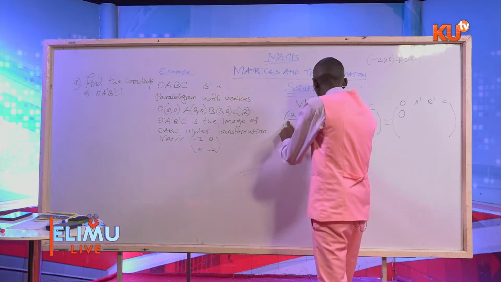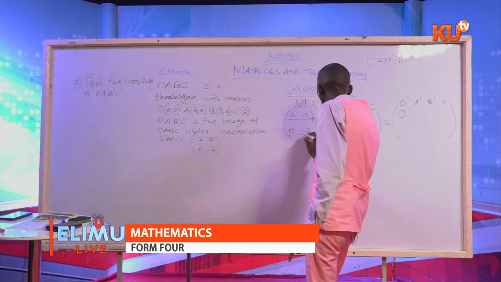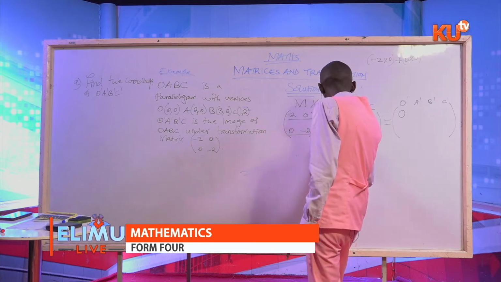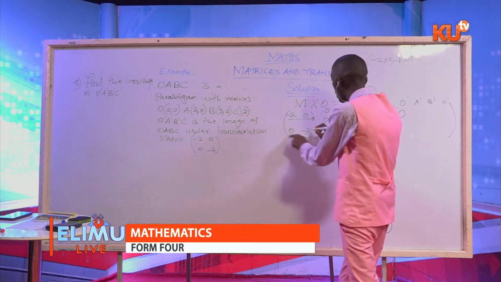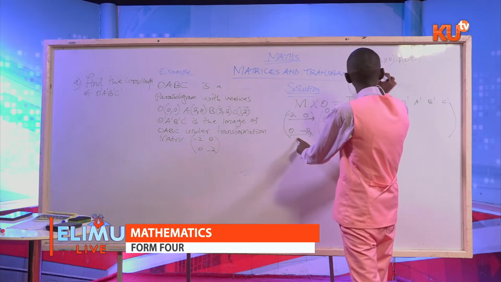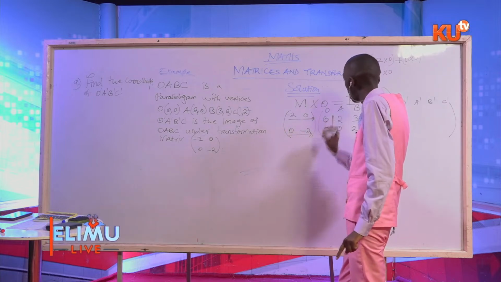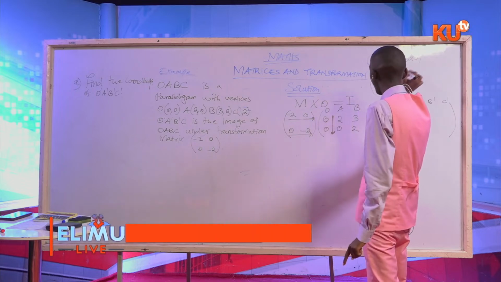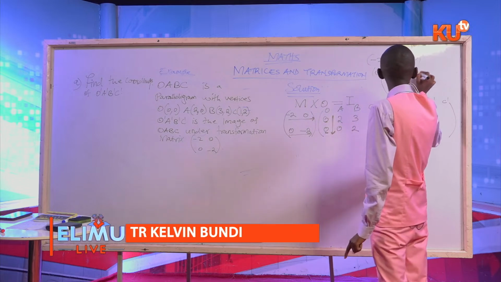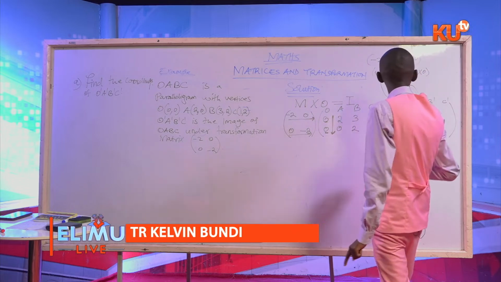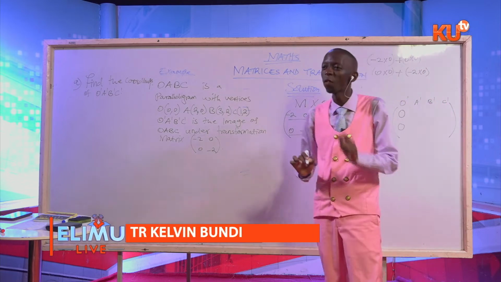We go to the next digit. Second row, first column. We want to get the coordinates of O prime. 0 times 0 plus negative 2 times 0 will give us 0. That is the coordinates of O prime.